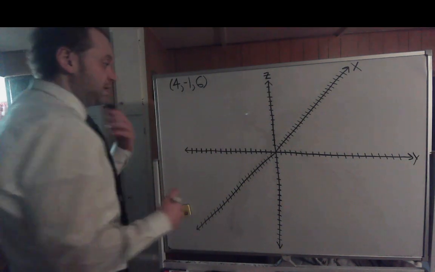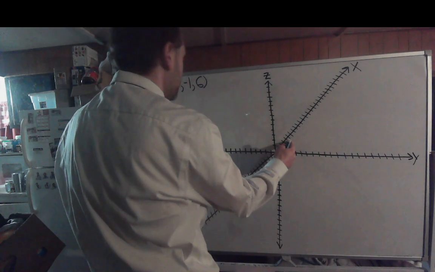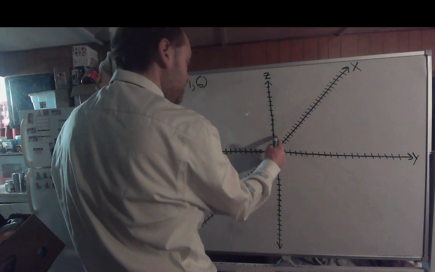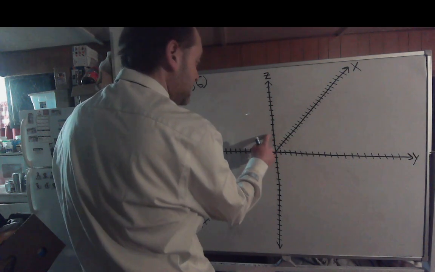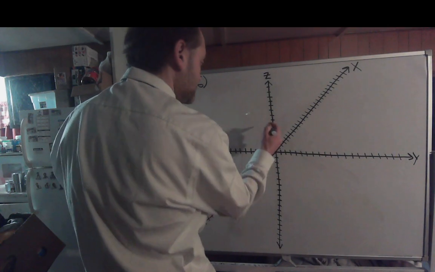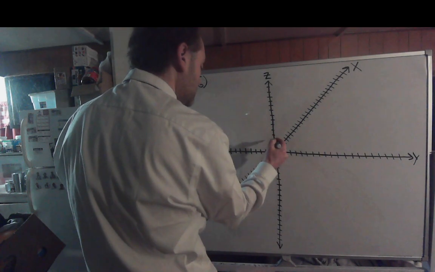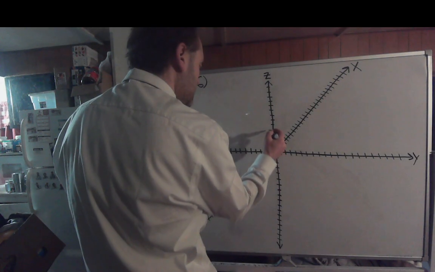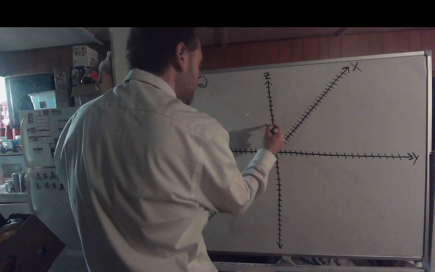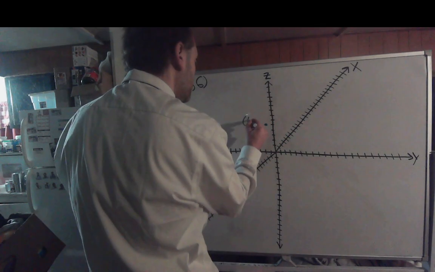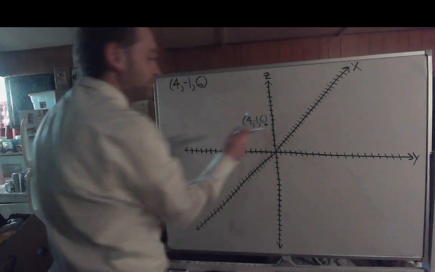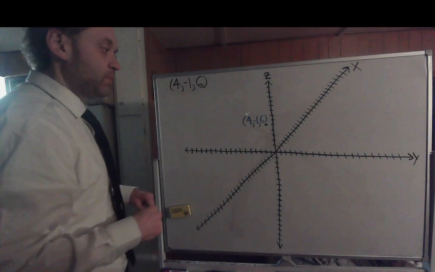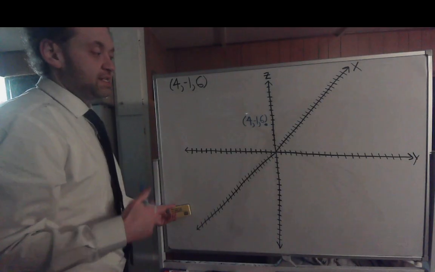Of course, you're going to be positive 4 on your x-axis, -1 on your y, which would put you right about here, and then 6 on your z-axis. So you're going to be roughly in here for (4, -1, 6). It'll be roughly in there when you plot in 3D.